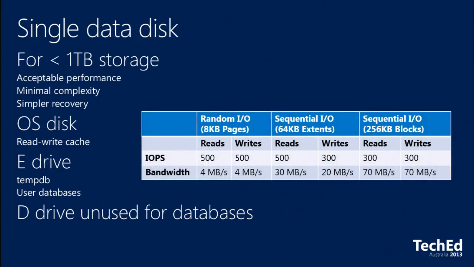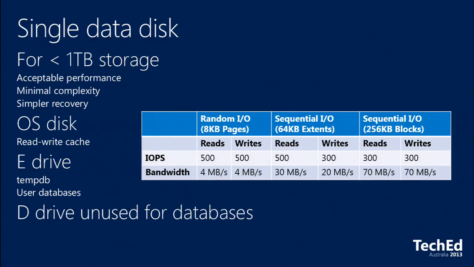If you have a bigger database, say up to 1 terabyte of storage, you're going to get acceptable performance by just going with a single attached VHD out of storage. It's a lot easier to work with if you only have one, obviously in terms of management, and it's a much simpler recovery strategy if you ever have to recover this.